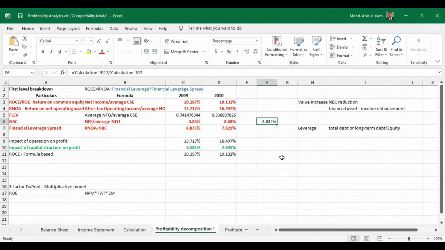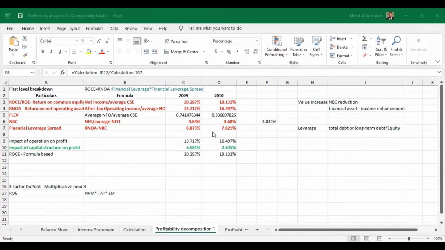Can you tell me how much the company is generating by investing in the operation out of 100 taka? Out of 100 taka investment in operation, how much is this company generating? 13.71 taka.